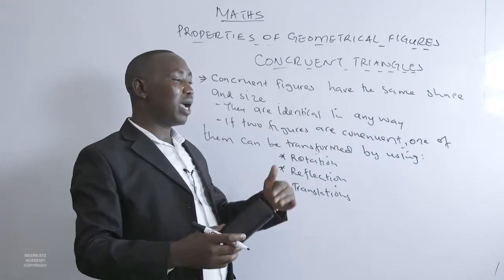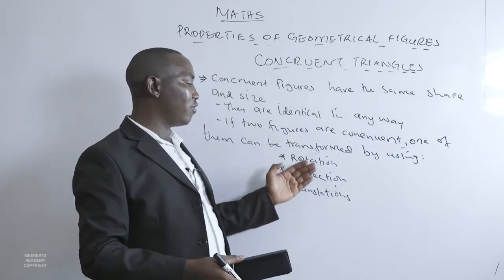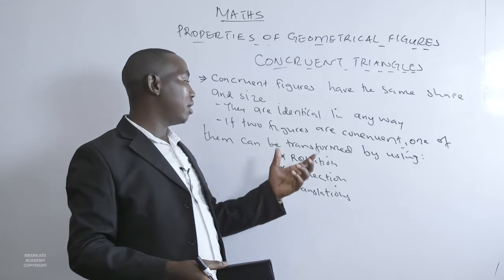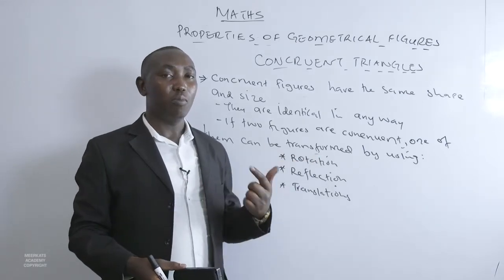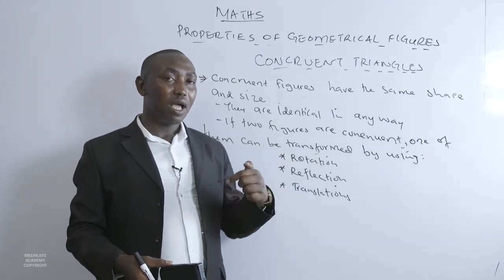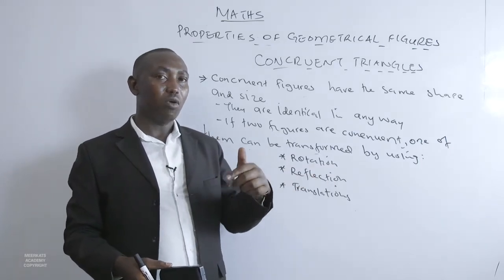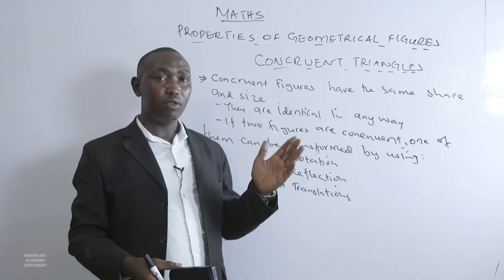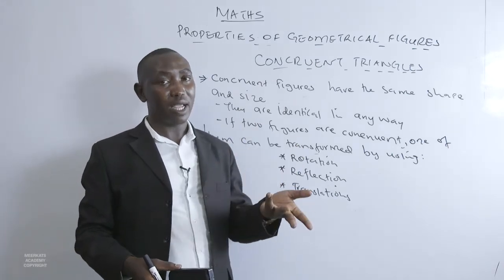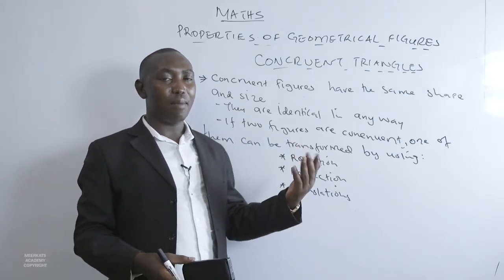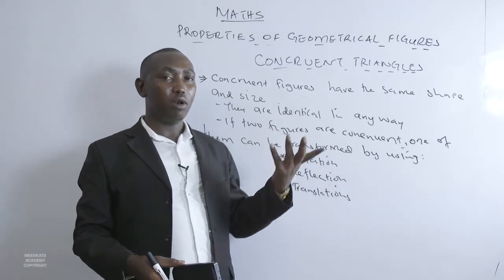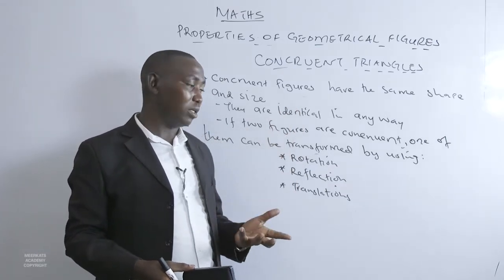So you can match one to another by use of rotation. When you're using rotation, you must have the center of rotation and the angle of rotation, and it can be clockwise or anti-clockwise. Those measured clockwise are usually negative angles, while for anti-clockwise, all those are positive angles.